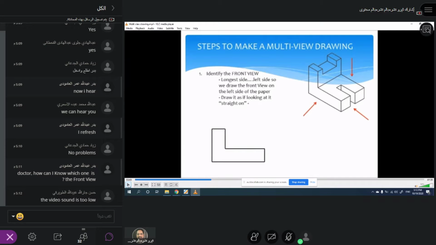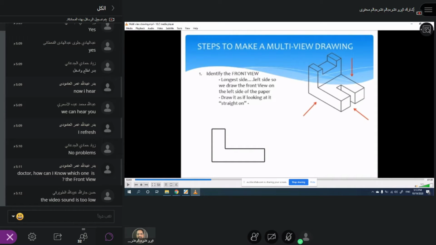Now you see this particular object. There are two sides. One is the longer side, and another one is the shorter side. So if in the exam it is not given which is the front view, then you have to select by convention. The longest side is the front view.